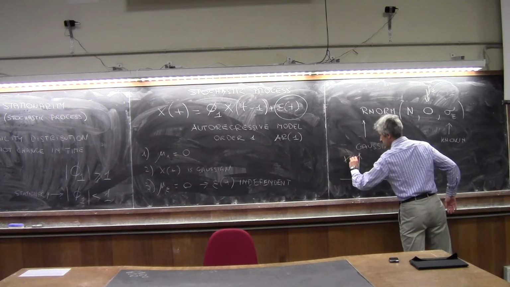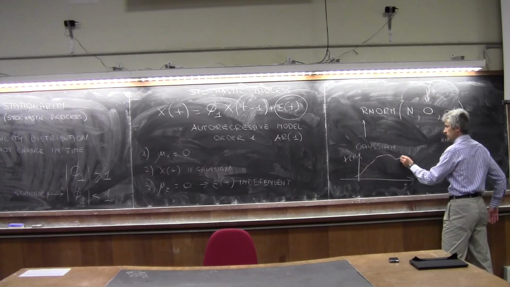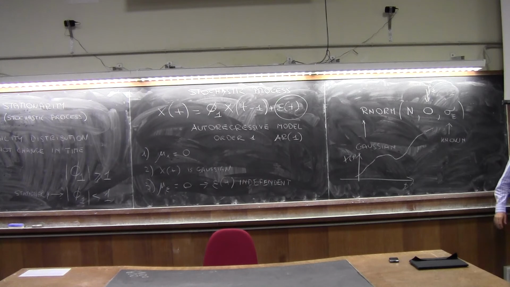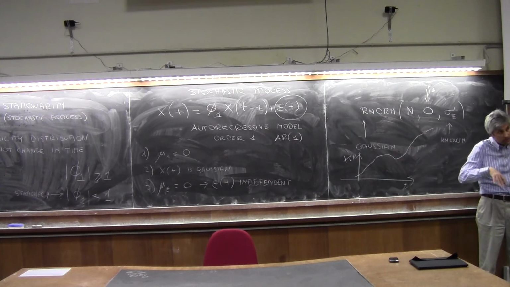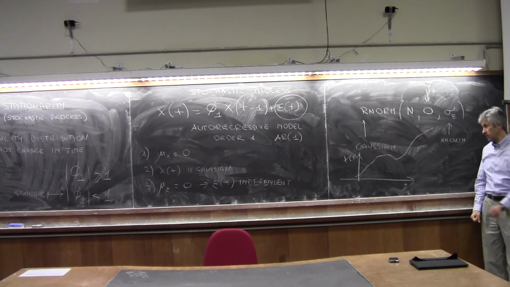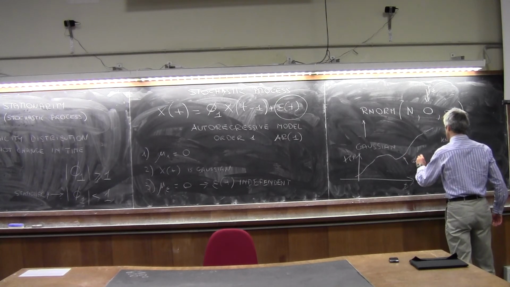If this is xt and this is time, you get something that looks like this. Always increasing, with maybe some steps in which you get a decrease, but overall, the process is increasing. This is phi 1 equal 2.